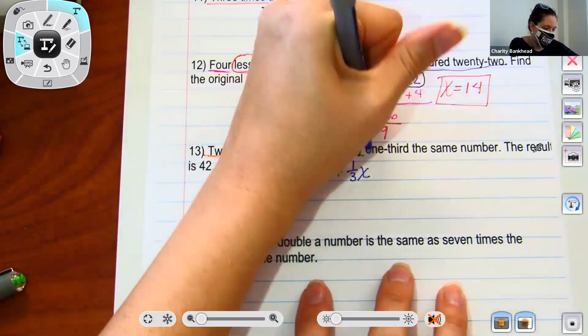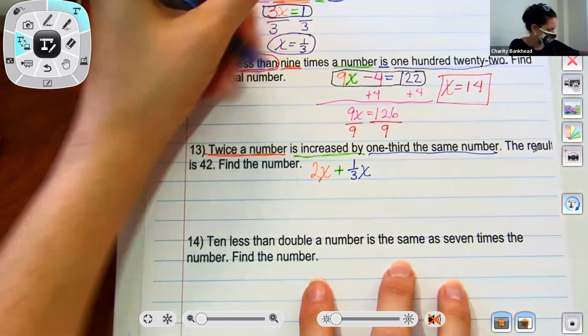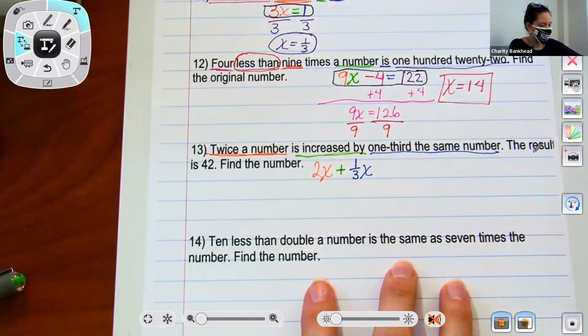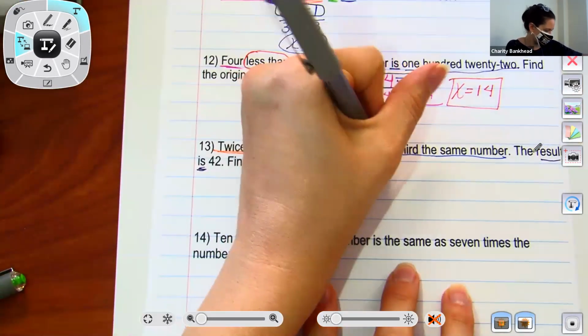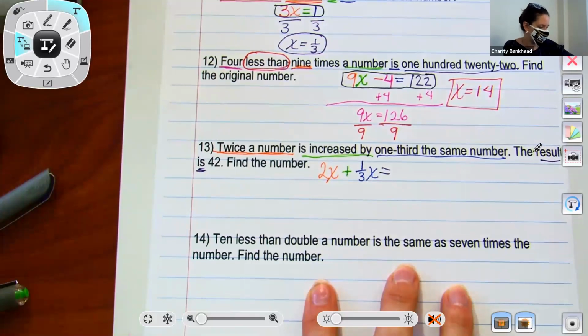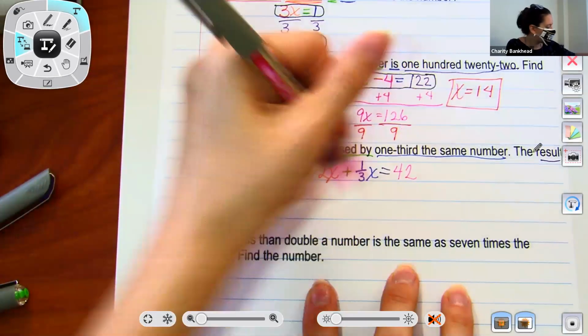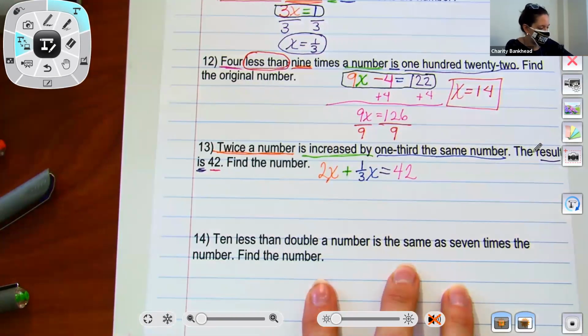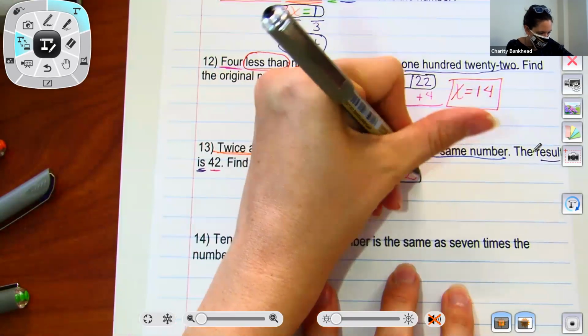So that would be 1/3 x. All right, so the result is, so equals 42. All right, so that's my equation. 2x plus 1/3 x equals 42.